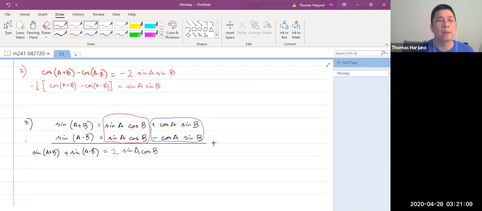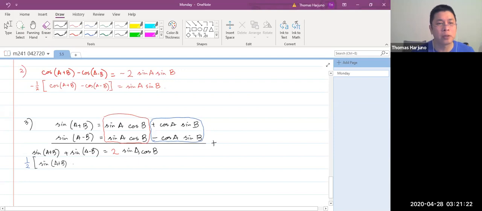Okay? Now then, I divide by 2 both sides, then I get 1/2 times sine sum plus sine difference equals sine A cosine B. Okay, that's the proof for formula 3.